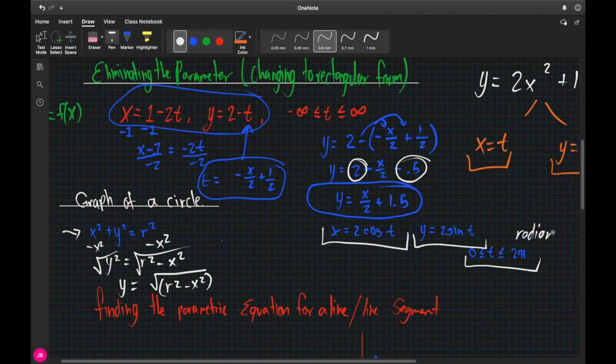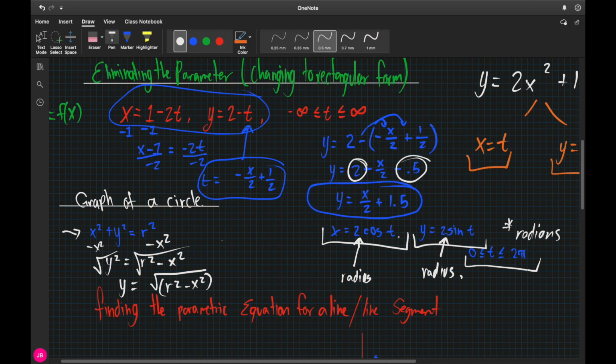So we need to be in radians for this. Then we're able to graph a circle. That number is going to be the radius. So if you have 2 and 2, then you would have a circle with a radius of 2. And this right here is simply the angle.